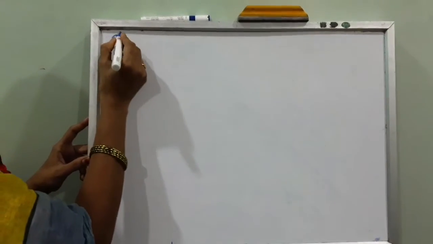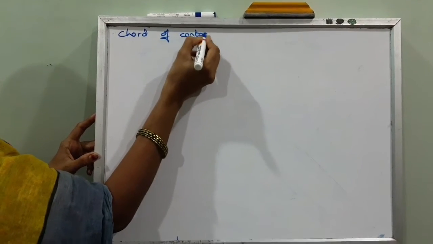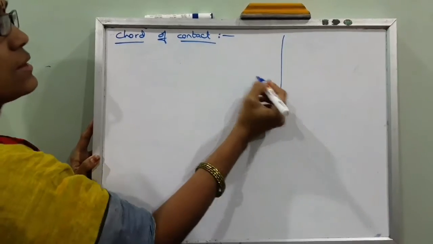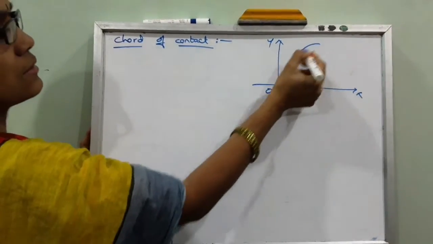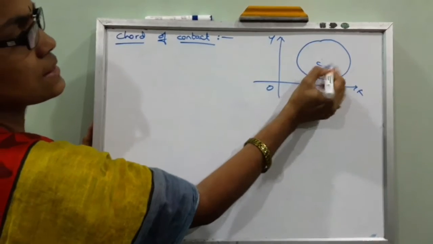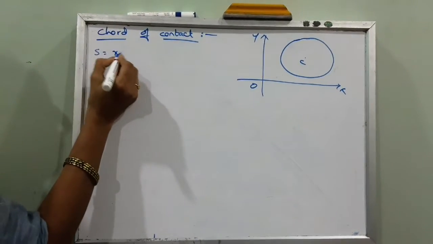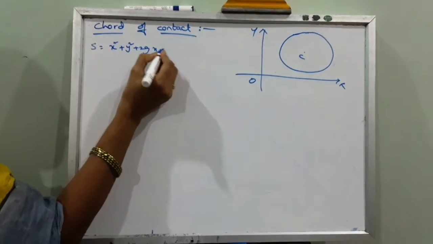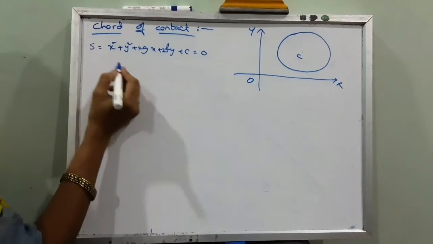Next concept is chord of contact. Let us take the x-axis and y-axis, and then this circle S is equal to, the general form of circle is x square plus y square plus 2gx plus 2fy plus c is equal to 0.